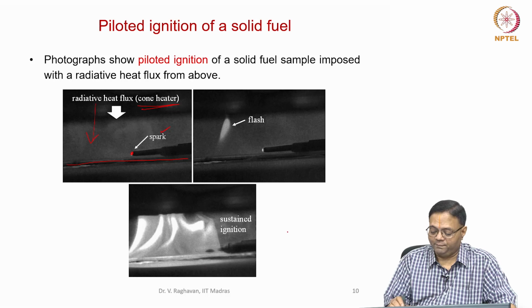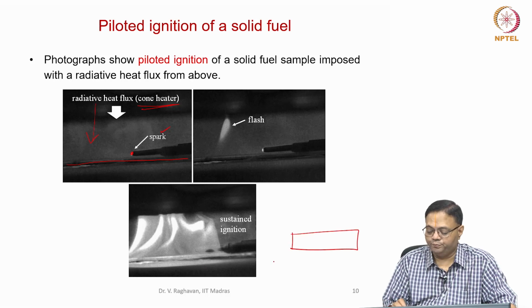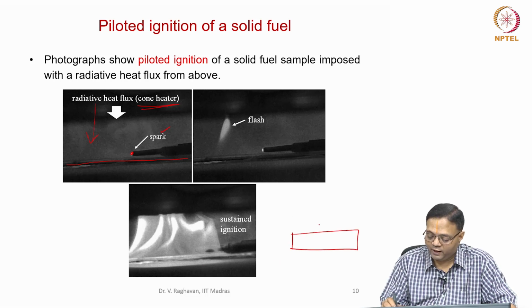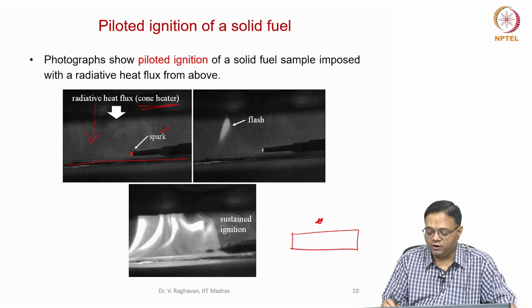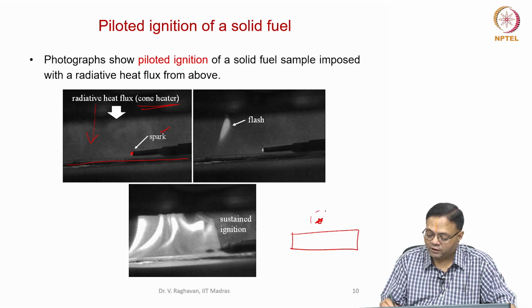This is the surface which is heated up. Locally I keep a spark at this particular point. Now what happens, the volatile gases or the devolatilization gases, the pyrolysate as we call it, come out and form a mixture.